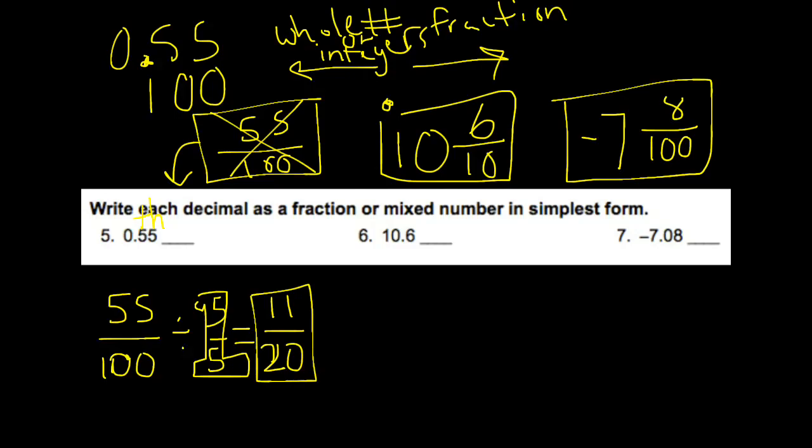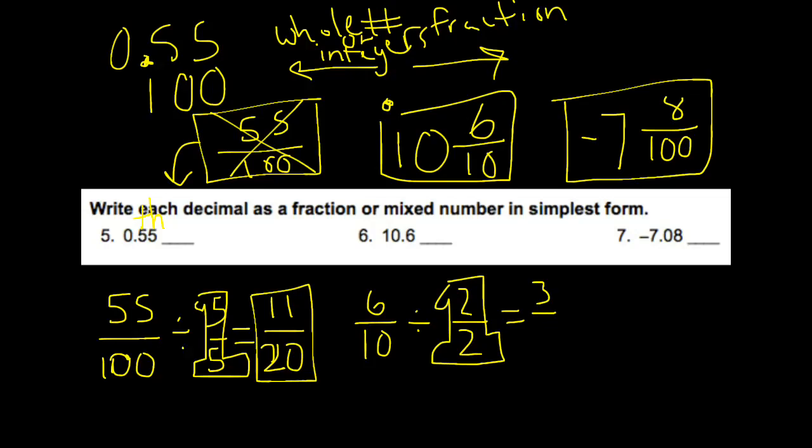Next one, 10 and 6 tenths. I'm going to take just 6 tenths right now, and I'm going to simplify that by a onesie. What's the number that can go into both 6 and 10? So I know that 2 can go into 6, and 2 can go into 10. 6 divided by 2 is 3, and 10 divided by 2 is 5.